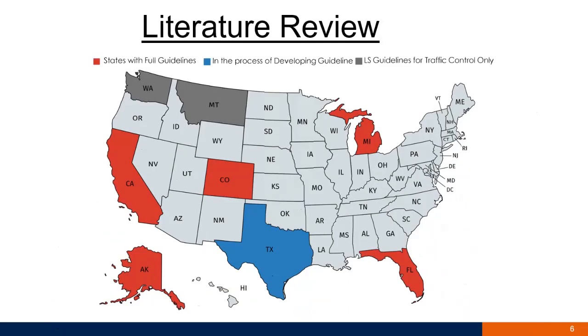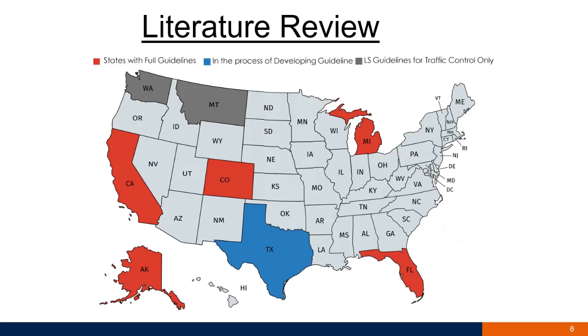When we were surveying the states that are using or have developed a specific guide for the lump sum contracting method, or compensation approach, we found only 6 states that have developed or are in the process of developing full guidelines to govern the use of lump sum, which were Florida, Michigan, Colorado, California, and Alaska.